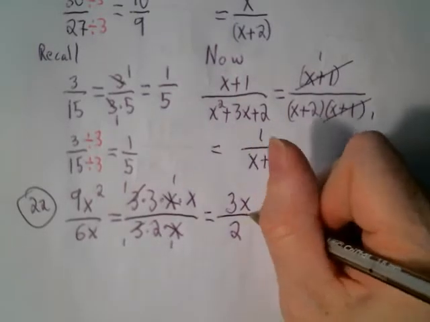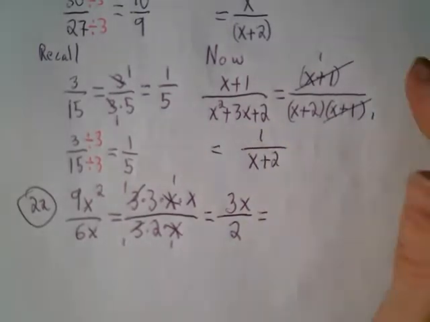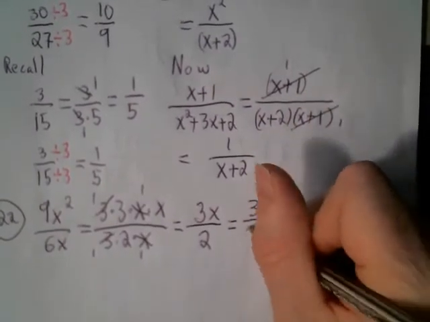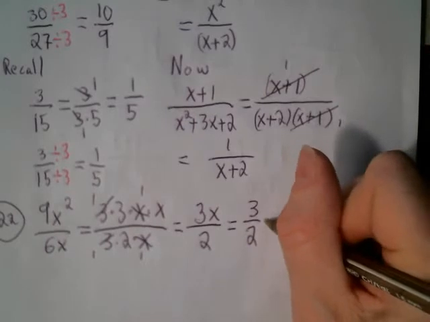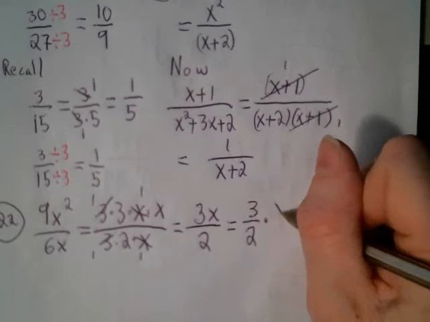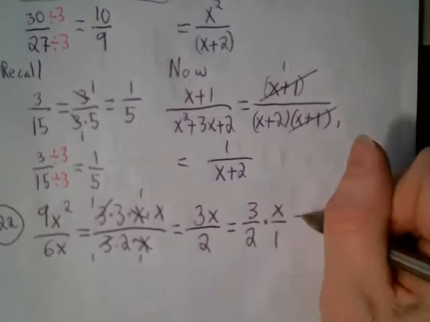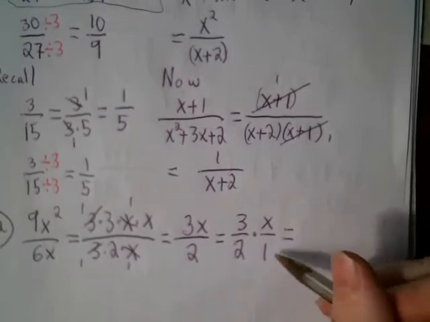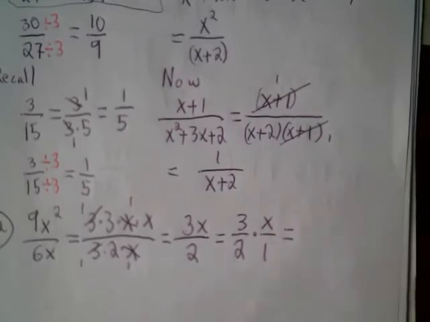One equivalent way to write this, and I don't know why, I guess it's just the way we're taught, is 3/2 times x. Okay. How do I see that? Well, it's the same as 3/2 times x over 1. Okay. What the heck is x over 1? Well, anything divided by 1 is just that anything right back.